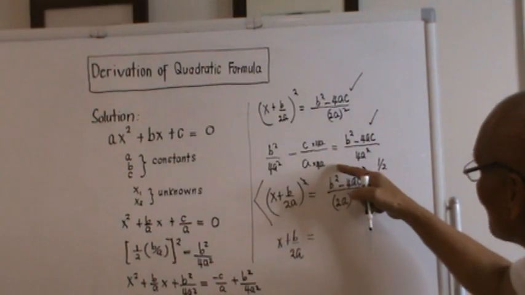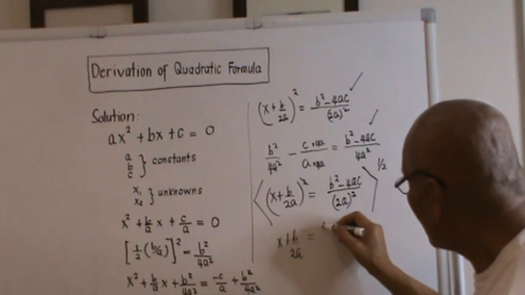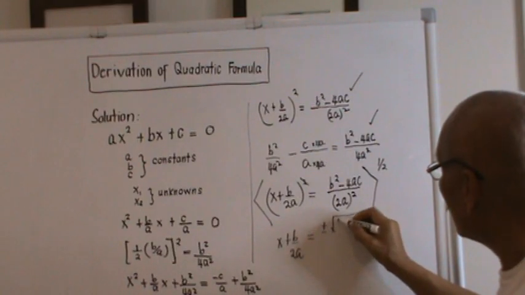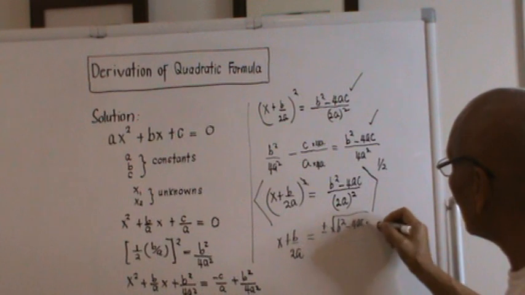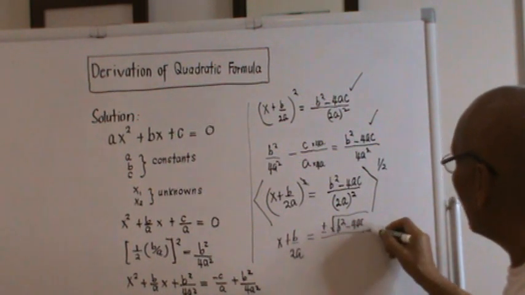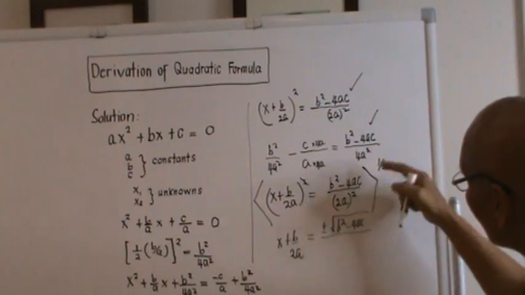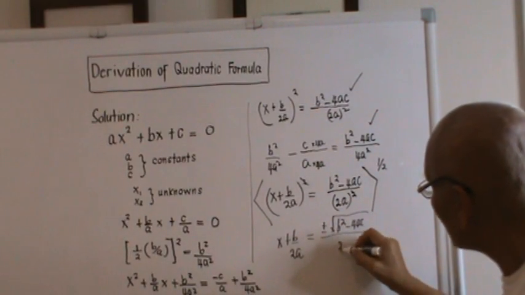And the square root of b squared minus 4ac will just be simply plus or minus the square root of b squared minus 4ac. And the square root of 2a raised to the second power raised to the 1/2, these two will disappear. So this will become 2a.